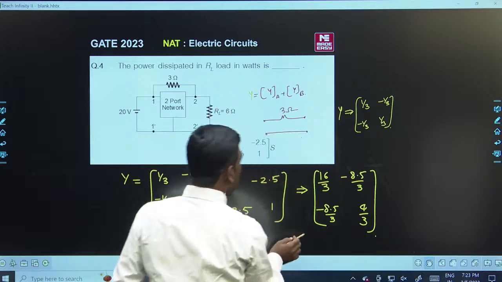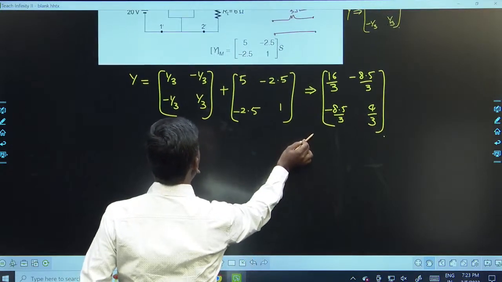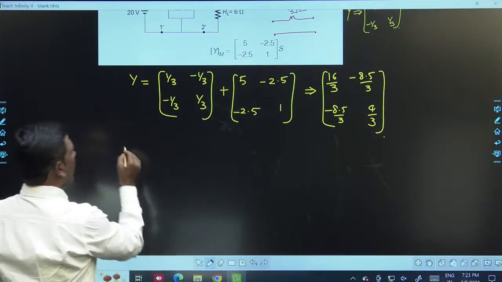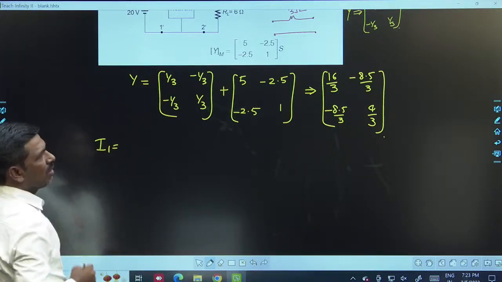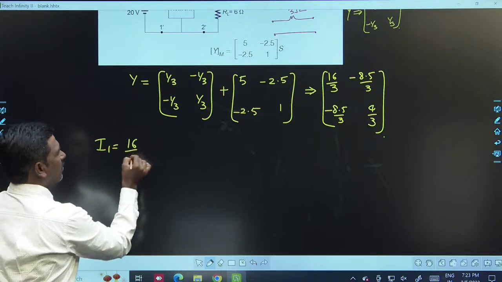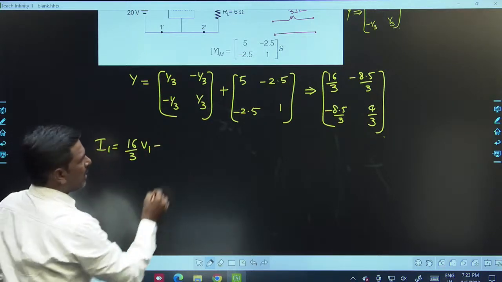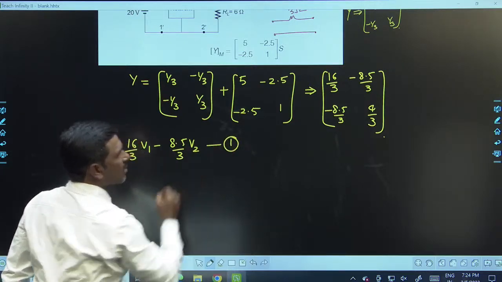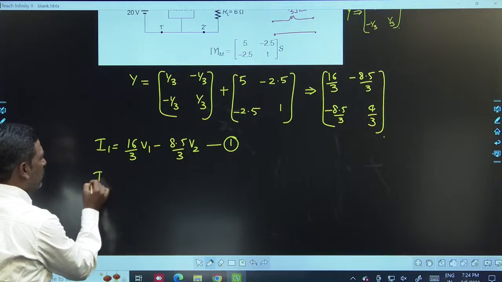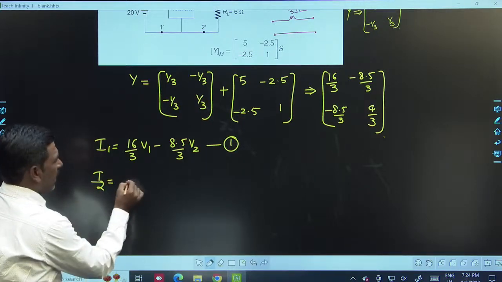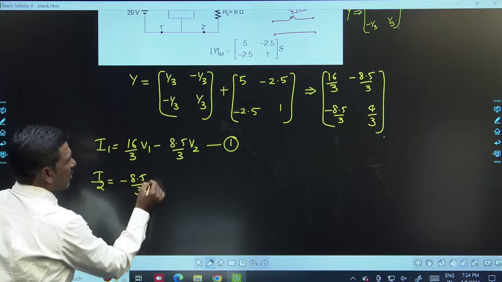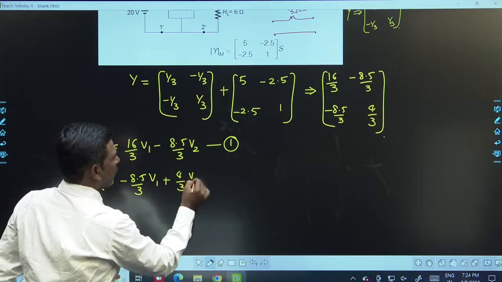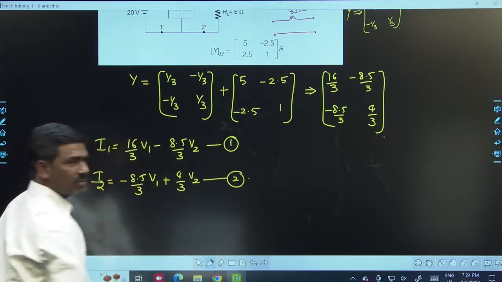Now you write the equations. I1 is equal to 16 by 3 V1 minus 8.5 by 3 V2, equation 1. Equation 2 is I2 is equal to minus 8.5 by 3 V1 plus 4 by 3 V2. This is the second equation.